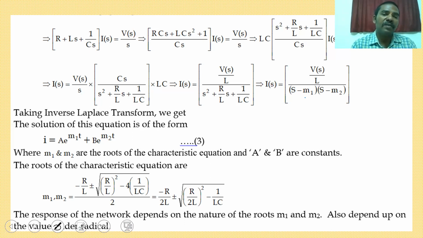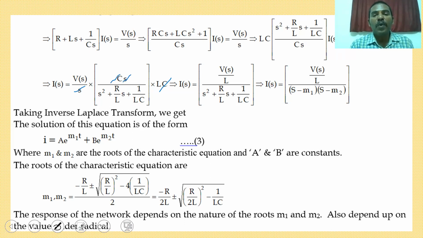Then I of s is equal to V of s by s into Cs divided by s square plus R by L into s plus 1 by LC, into LC. So here the C and C get cancelled, s and s get cancelled. So V of s by L divided by s square plus R by L into s plus 1 by LC.